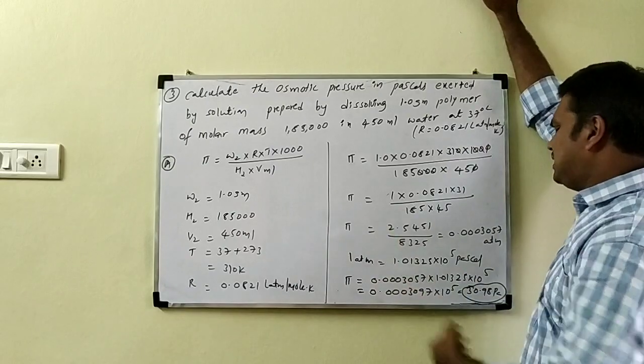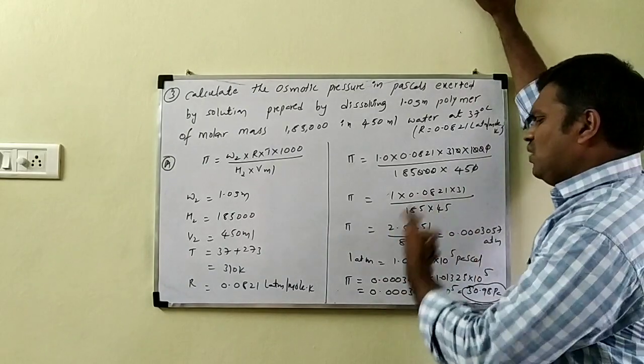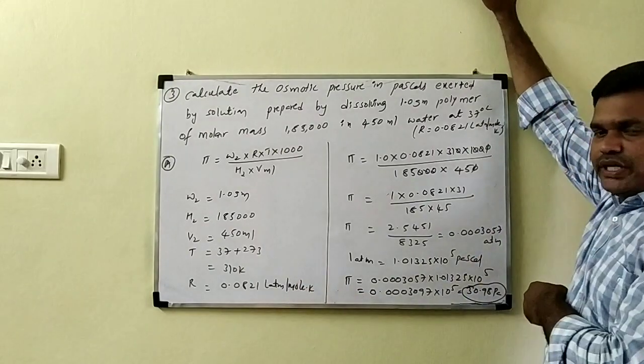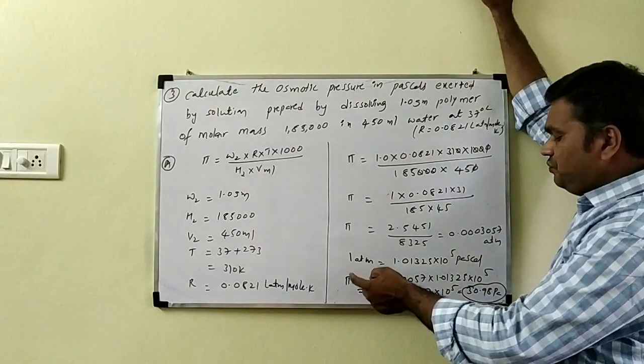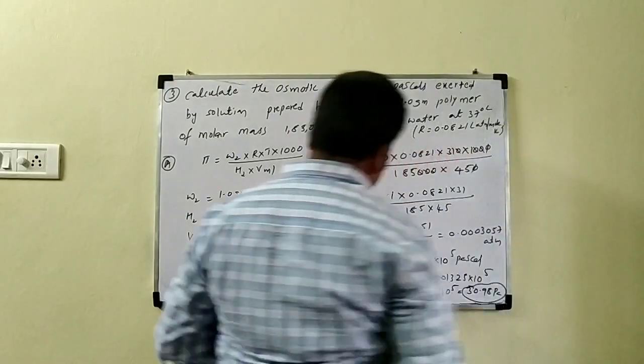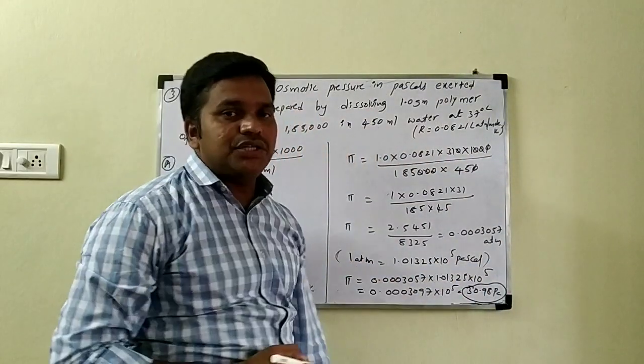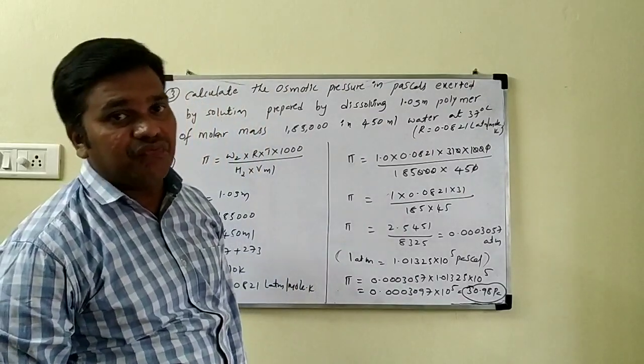The units here cancel: volume in ml and mole per Kelvin, and finally you are getting the unit atmosphere only. So we know that 1 atmosphere is equal to 1.01325 into 10 power 5 Pascal.